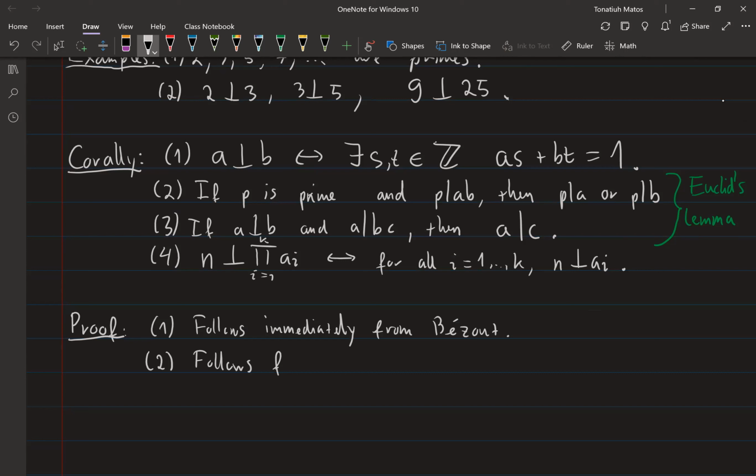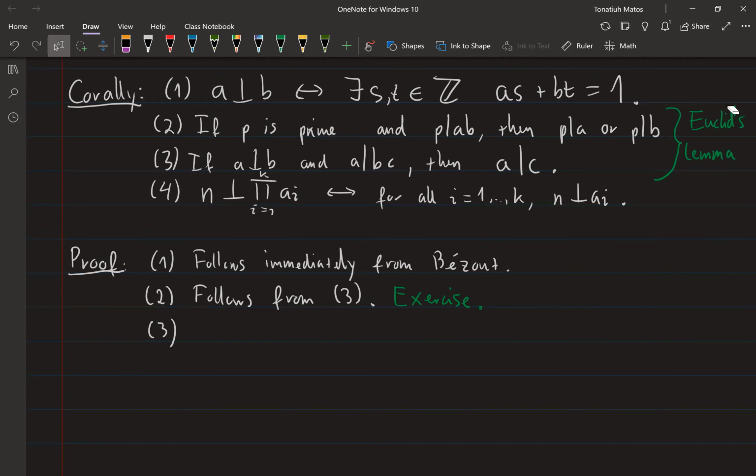Three is stronger because two talks about prime numbers, but three talks about co-prime numbers. So in particular, it will apply for prime numbers, right? And why this is true, I think the details should be left as an exercise. If this is not evident for you, then you should spend some minutes thinking about why this is true. Maybe during the break you can do that.